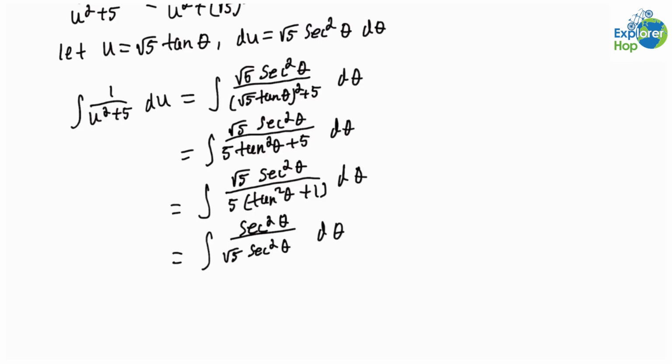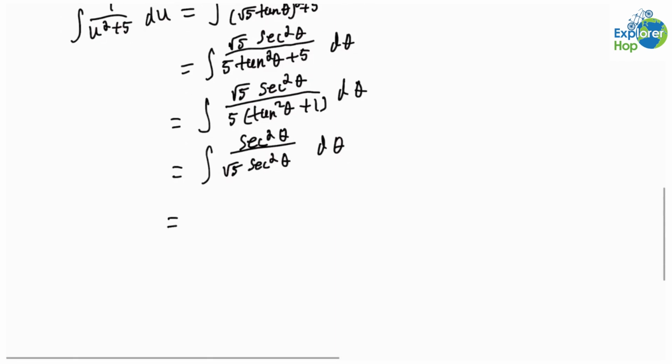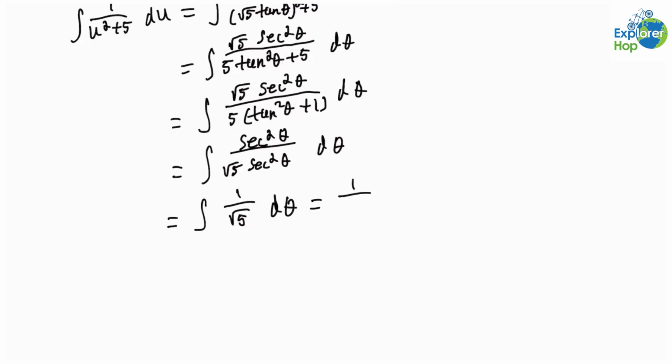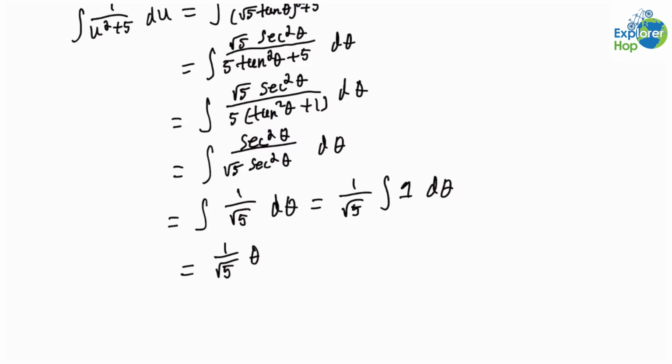From here, secant squared theta divides out, and this gives us the integral of 1 over root 5 d theta, which is equal to 1 over root 5 times the integral of 1 d theta, which is equal to 1 over root 5 times theta plus some constant c.